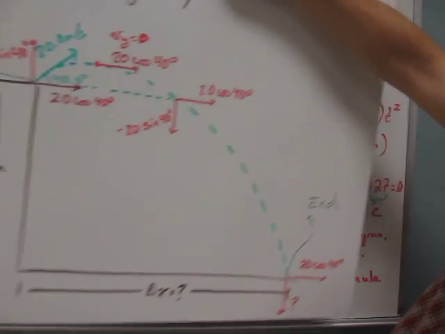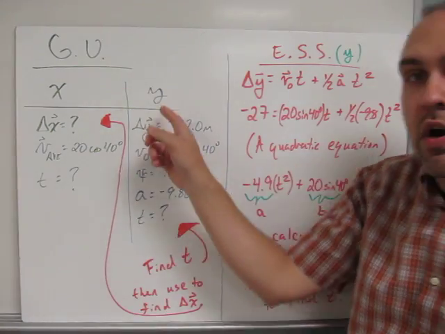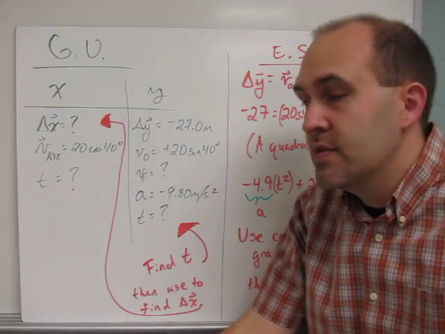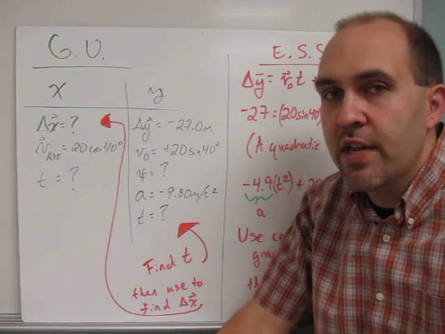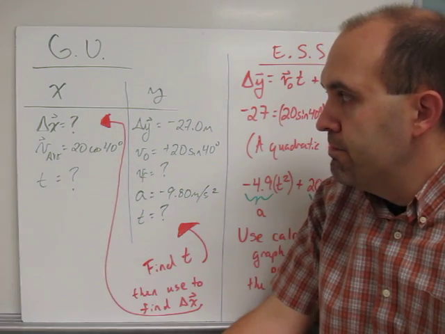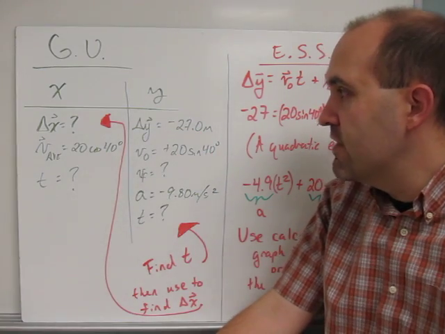We'll convert that into data, our givens and unknowns, on our x and y columns. In the x, we're looking for that horizontal displacement. We know the average speed horizontally is 20 cosine 40. It doesn't change. The acceleration is 0 in the horizontal, and we don't know the time. In the vertical, we know the delta y is negative 27.